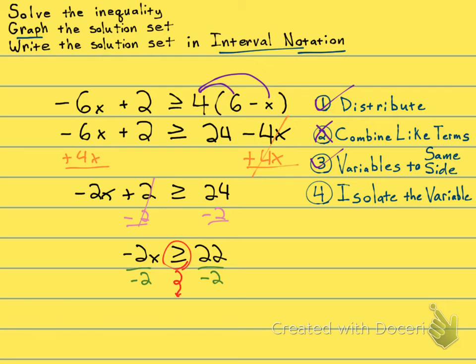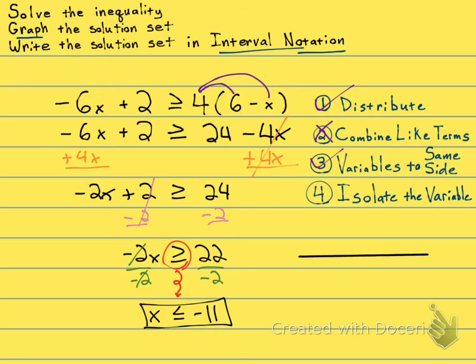It's going to become less than or equal to. All right, so negative 2 over negative 2 is just a positive 1x. Less than or equal to 22 divided by negative 2 is negative 11. All right, so here is my solution. X is less than or equal to negative 11.